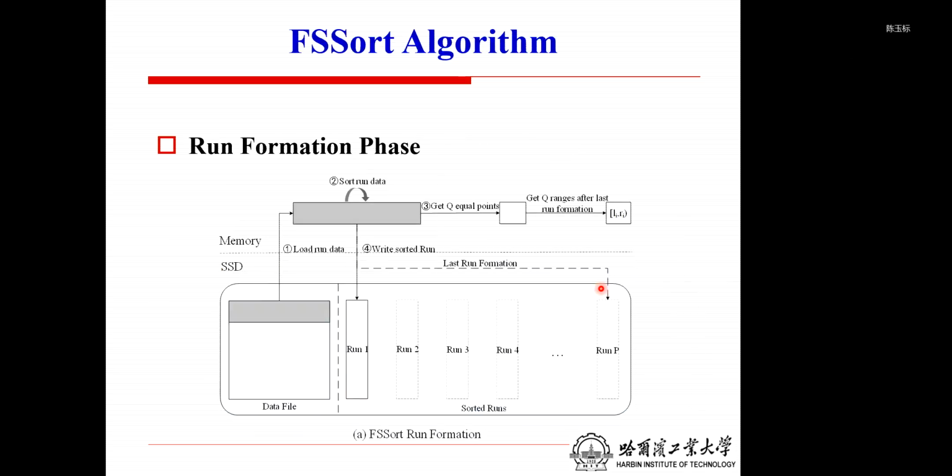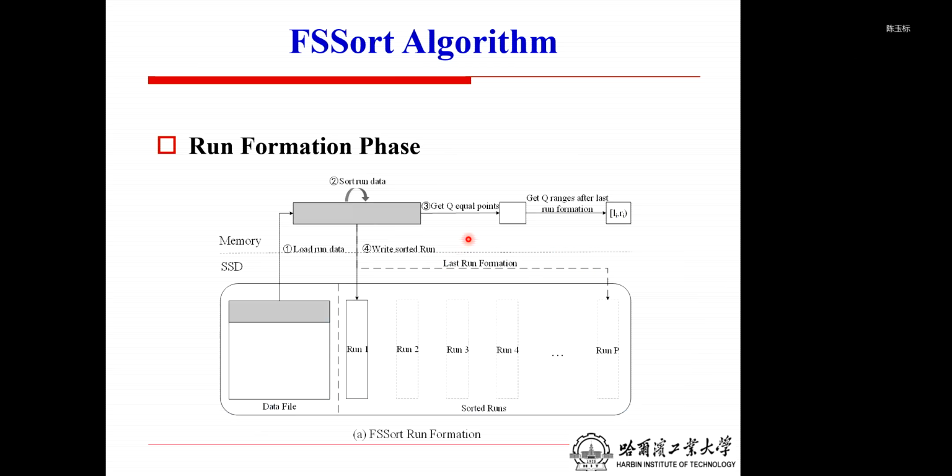Next, let's illustrate the general process of FSSort through a graphical method. Let's begin with the round formation phase. It loads data and generates rounds, while it collects 2 equal partition points of each round.